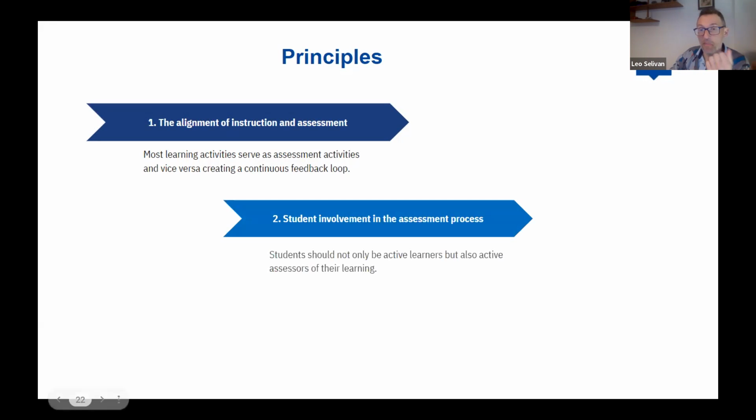Student involvement is a very important principle in the assessment process. It's a very common term, active learners. Learners should be not only active learners, but also active assessors of their learning, and not just passive recipients of assessment provided by teachers, because this would not be compatible with the notion of lifelong learning.